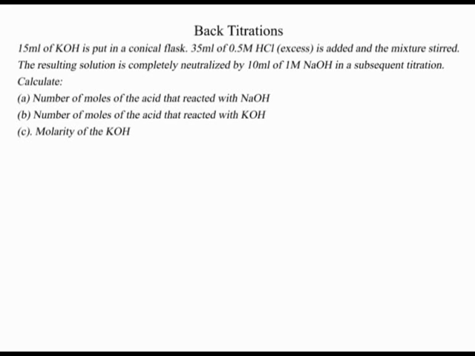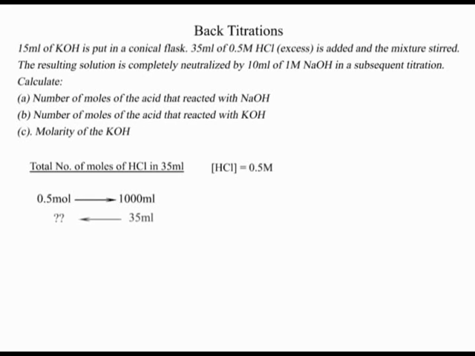So we need to first find the total number of moles of hydrochloric acid in 35 milliliters of 0.5 molar hydrochloric acid. 0.5 moles are in 1,000 milliliters.